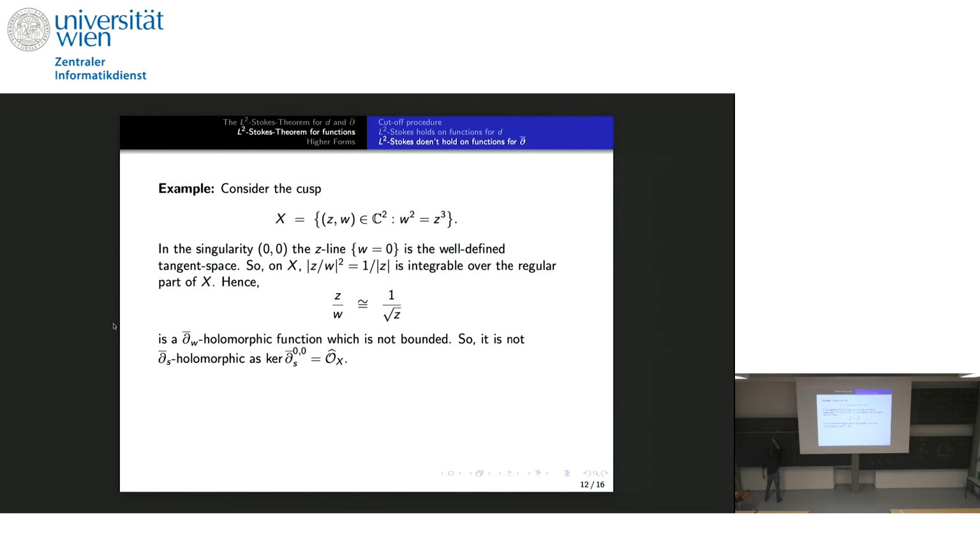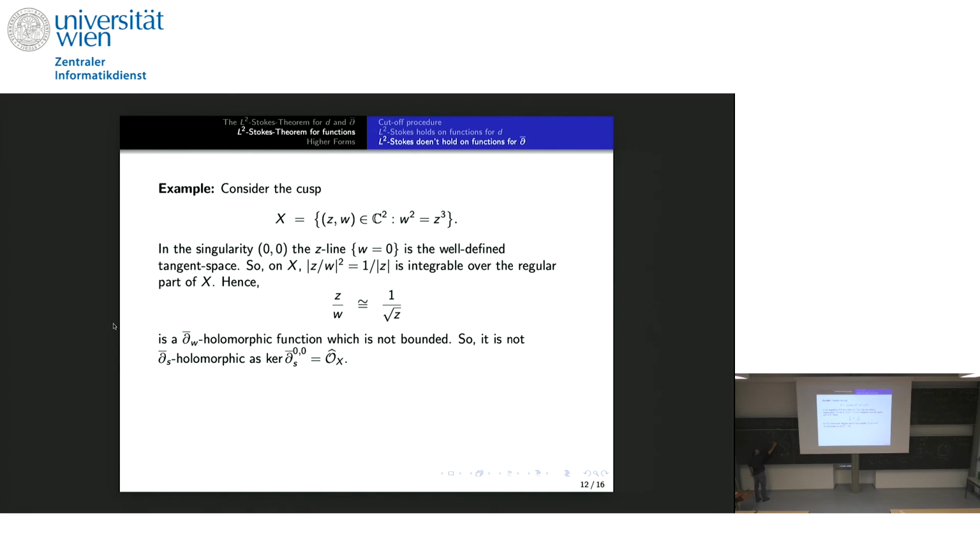So C and W, and W behaves like C to the 3 over 2. So it's a cusp looking like that. This is very unusual for a singularity, because this has a tangent space even in the singular point.